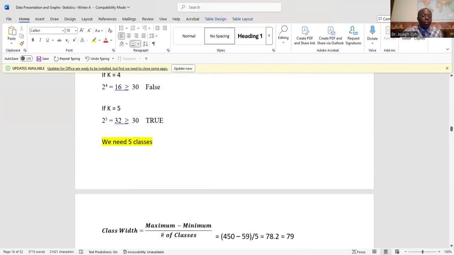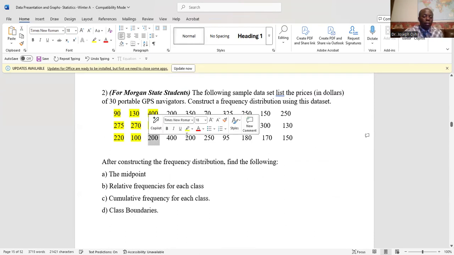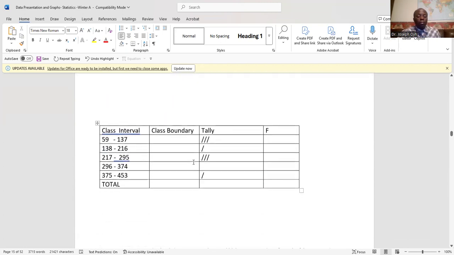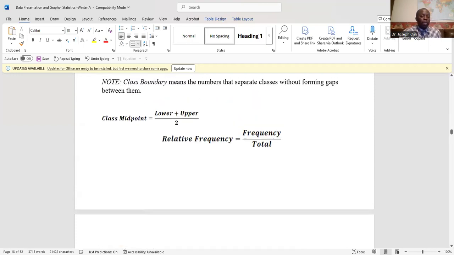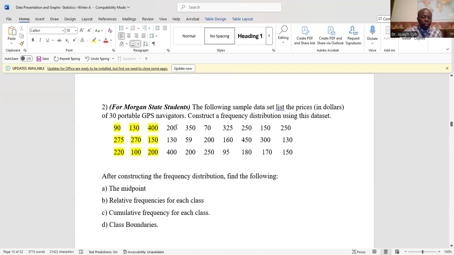Okay. Next is 200. 200 belongs to which group? This one here. Another 200.